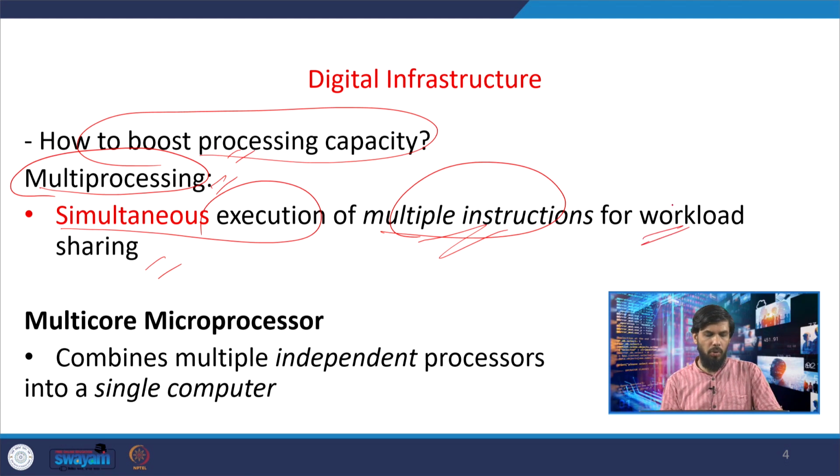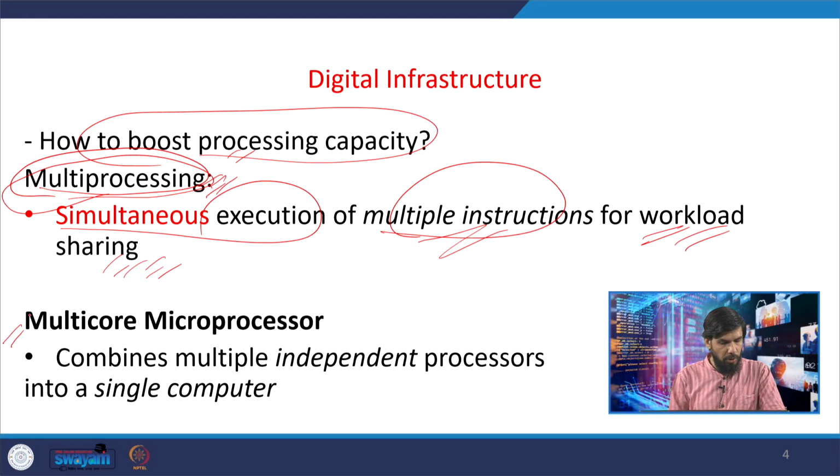The workload sharing, the processing that needs to be done, would be much faster if simultaneous execution of multiple instructions is supported. So how is that supported? Via multiprocessing, right. So one of the ways to boost processing capacity is going for multiprocessing architectures.